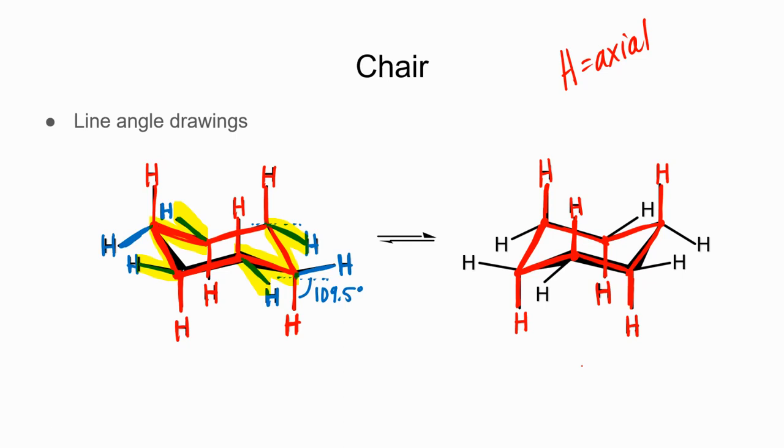Let's look at our equatorial hydrogens here. If our axial was up, our equatorial here is going to be down. And then we're going to alternate down, up. Here, I want it to be looking like my W from here on over to here.